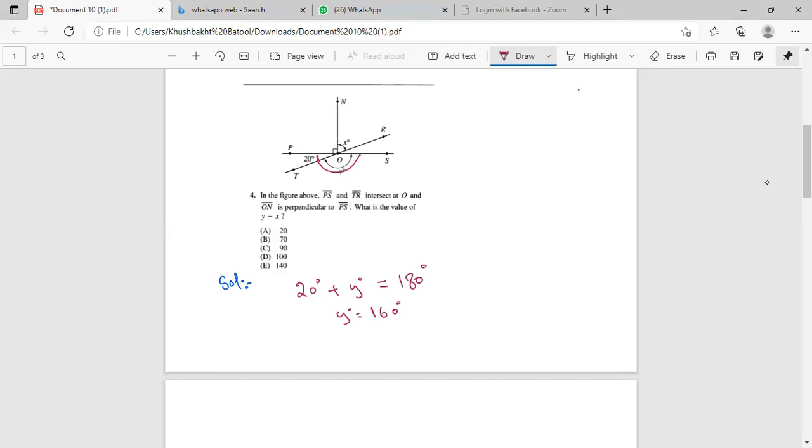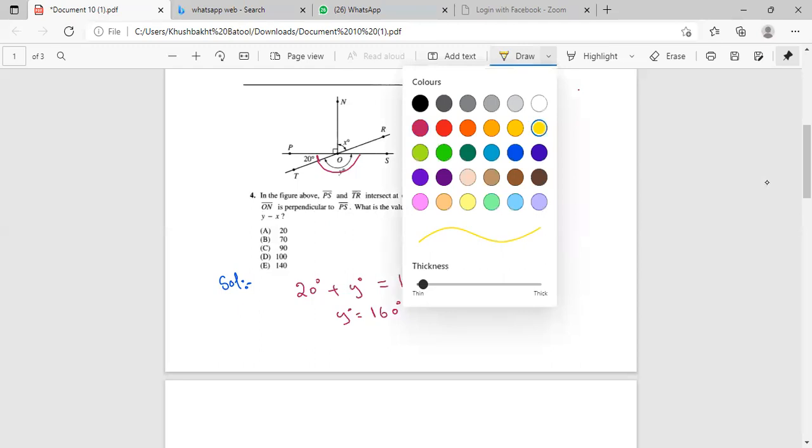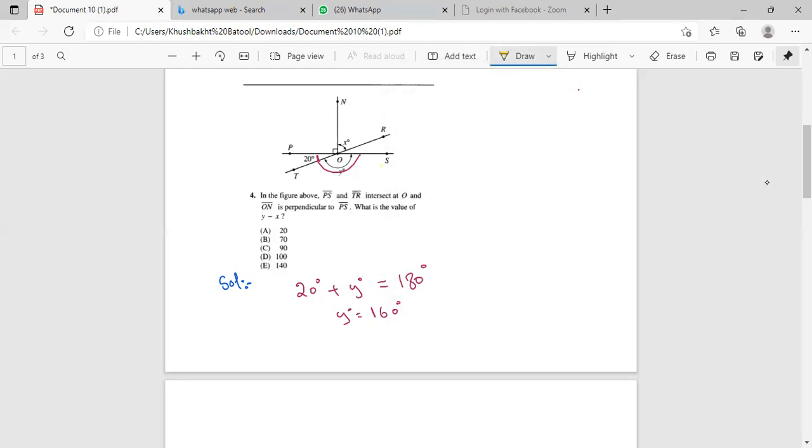All right. So we can see that if this is x and this is 20, this 20 degrees angle and this angle, which I've drawn with yellow, are what type? Vertical angles. Since they're vertical angles, they must be equal.